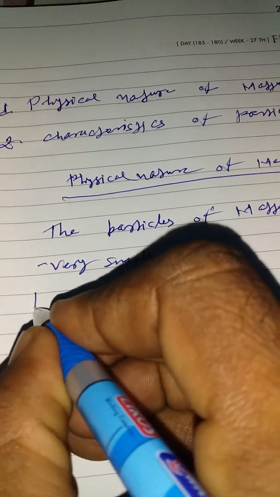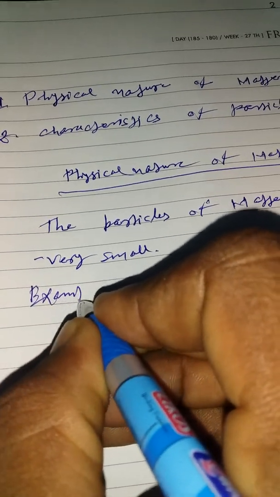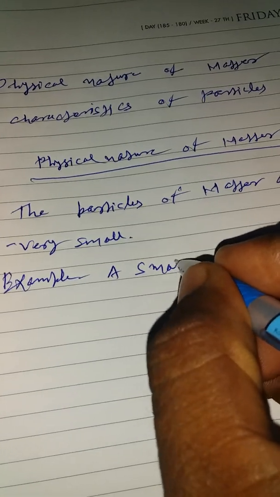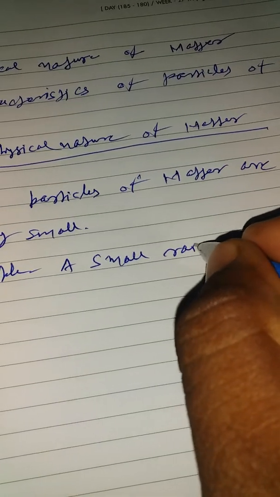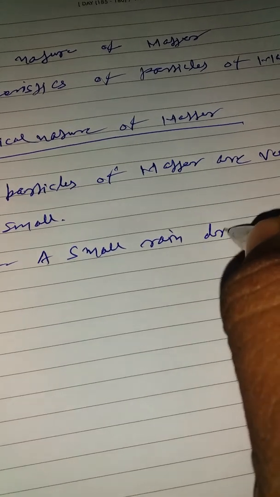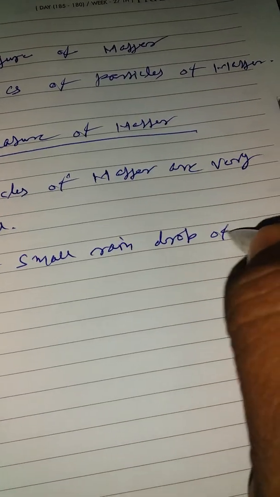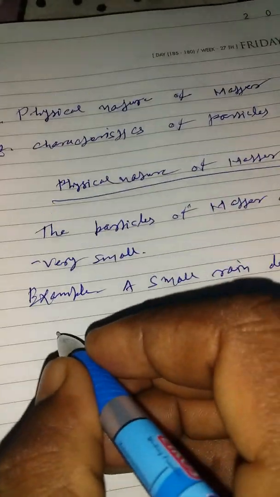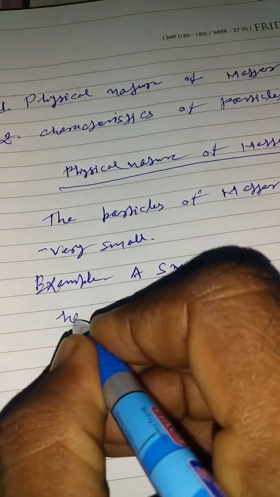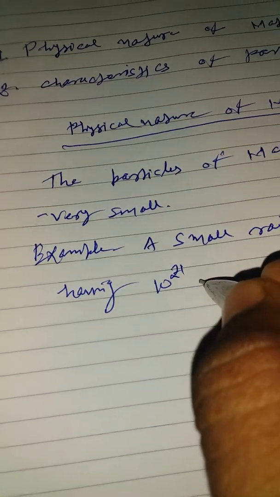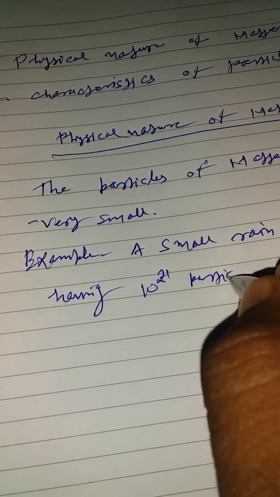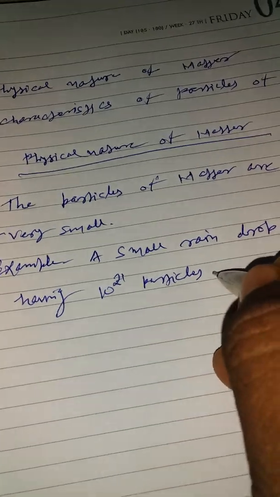Just for example, a small rain drop of water has 10 to the power 21 particles.